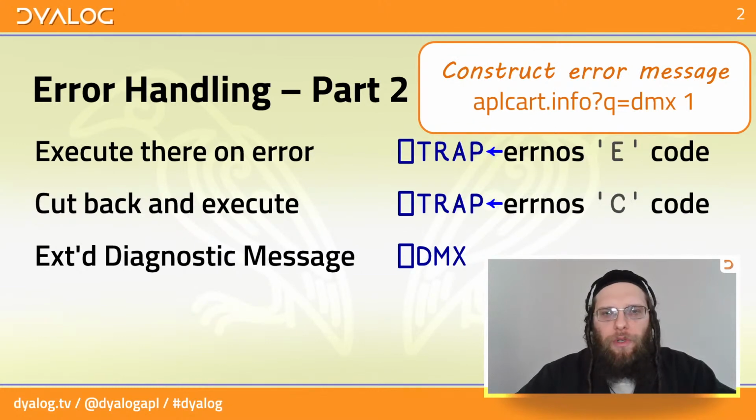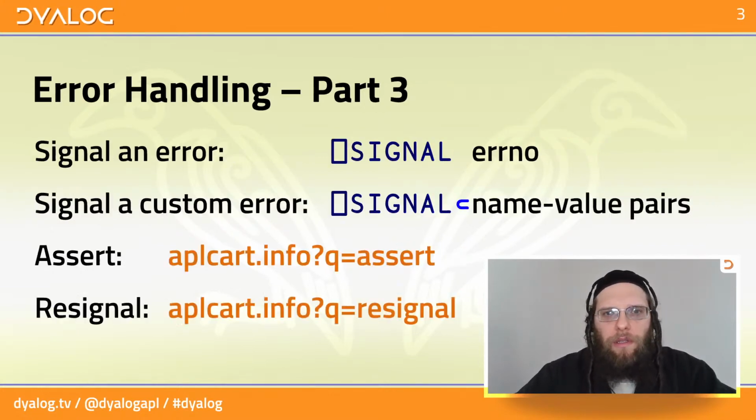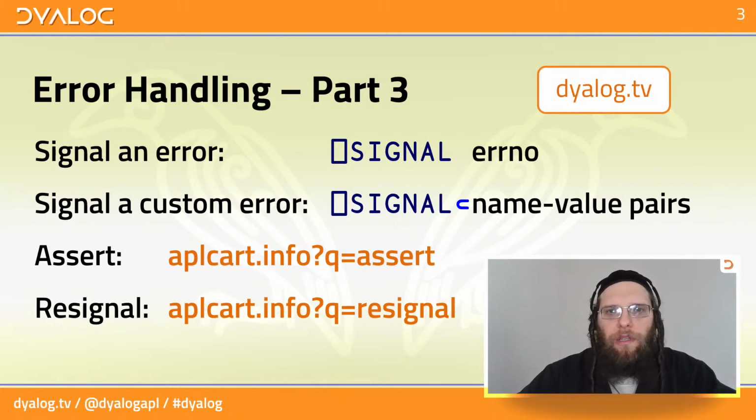Part 2 was about the more advanced ways of trapping and getting more information about errors. And part 3 was on how to throw errors, to raise errors themselves, and how to propagate errors further. We also looked at assertions. You can find these on dyalog.tv.